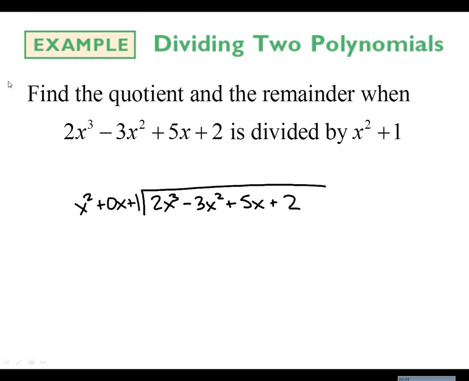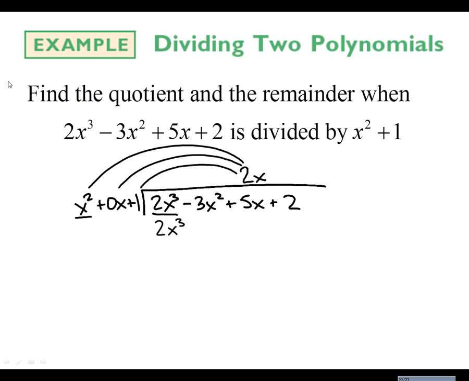Here's what we do. We take the leading term and divide it by the leading term. What's 2x cubed divided by x squared? The answer is 2x. And I'm going to put it over the x just so we're lined up. Now we're going to multiply that 2x by every term, and we're going to bring it down. So we've got 2x cubed plus 0x squared plus 2x.